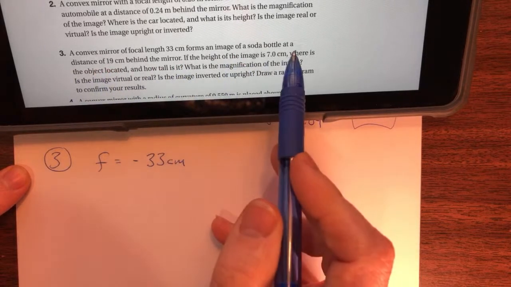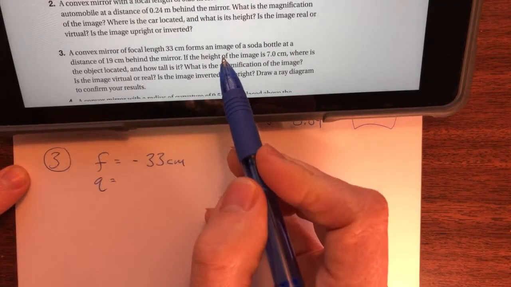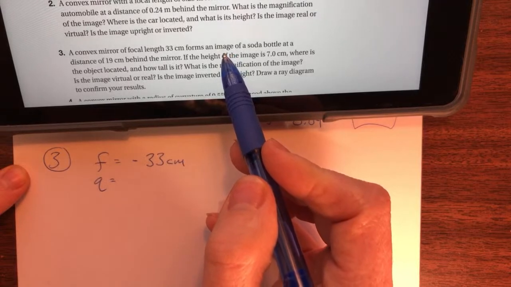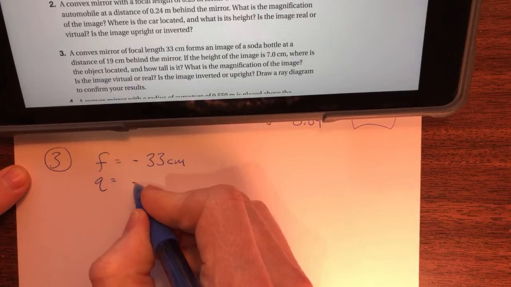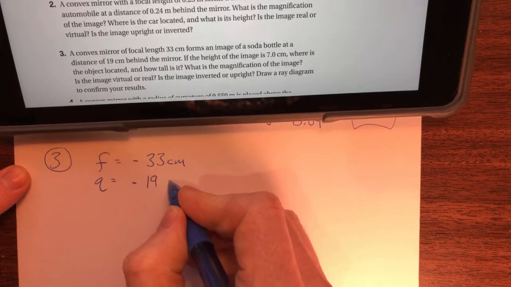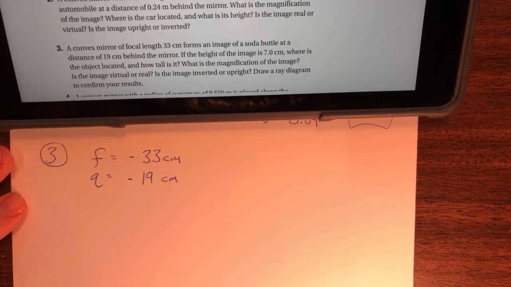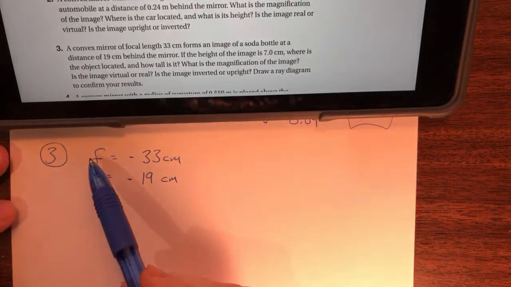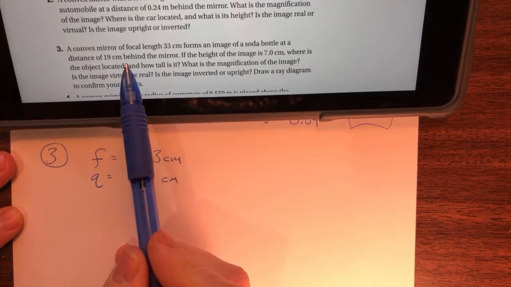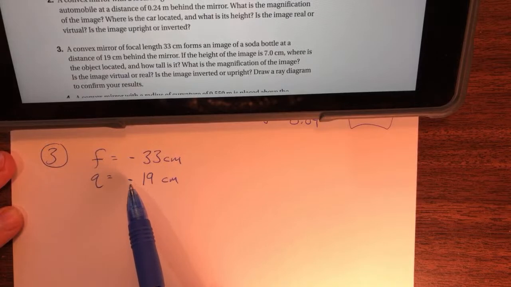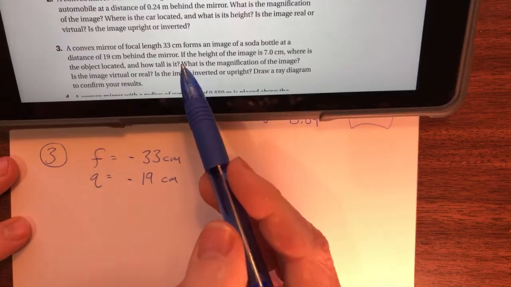So that is going to be a Q. I wonder why it keeps on giving us Q rather than P. But anyway, the image is 19 centimeters behind, so it's negative 19 centimeters. The trickiest thing about these is just, is it negative or positive? We know convex mirror is negative, and it says behind the mirror. As soon as you see behind the mirror, you're thinking, okay, that's going to be negative. Plus it's a convex mirror, so it's pretty much always negative.